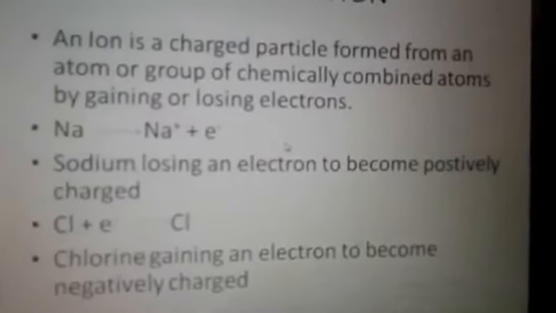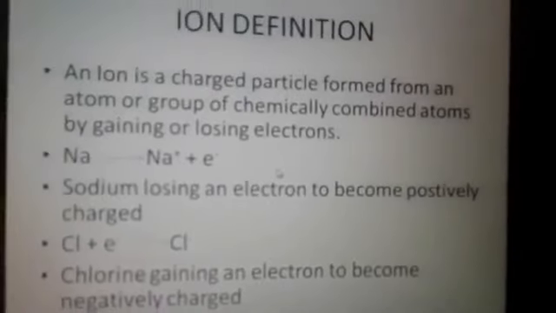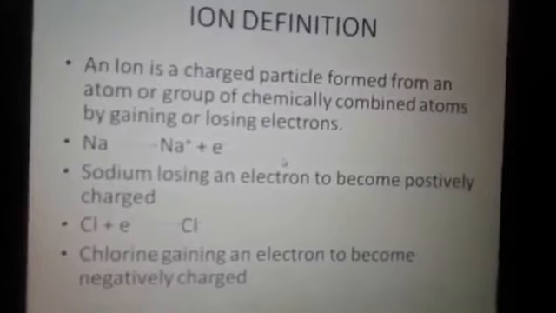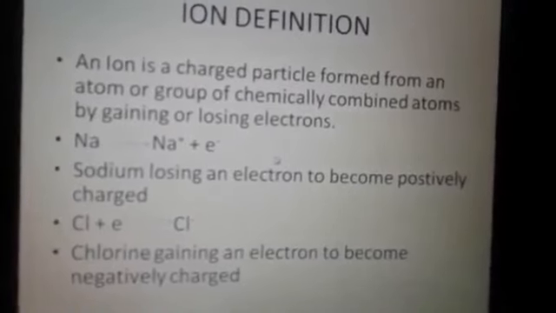What we can call the ion is a charged particle of an atom or a group of chemically combined atoms. You could call them radicals, formed by gaining or losing electrons.